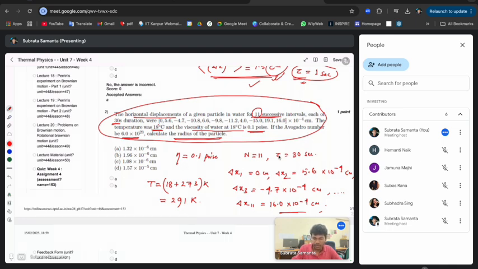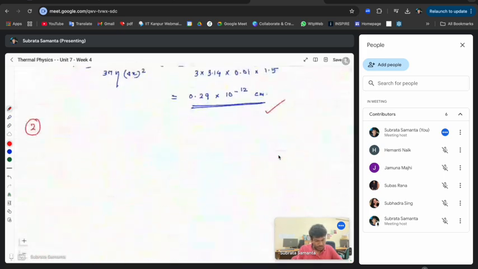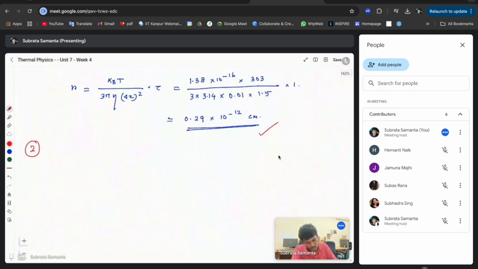The calculation is very easy. You can calculate the mean square displacement as the average of delta x square, where capital N is the number of successive intervals and i goes from 1 to capital N. And delta x i for each interval is the horizontal displacement, because we are considering only one variable, x.